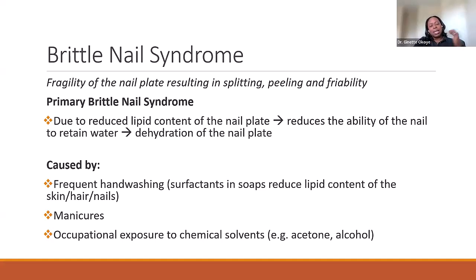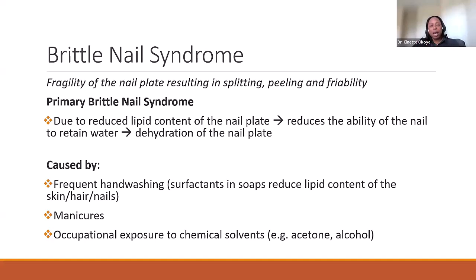It means that the lipid content of the nail plate has been depleted, and that reduces the ability of the nail to retain water, and then it leads to dehydration. And then once it's dehydrated, it's just easy to be traumatized. And the most common cause is frequent hand washing.